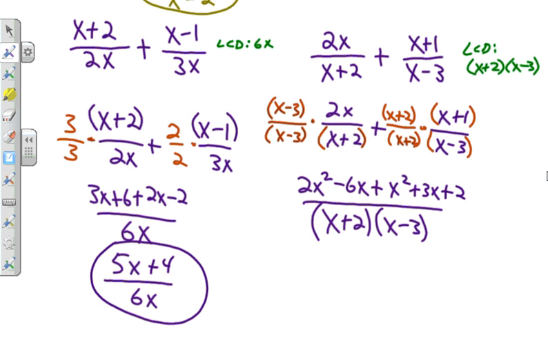I did the O and I of FOIL together. Plus 6. I just did it all in one step, for this part right here. So what do we have?